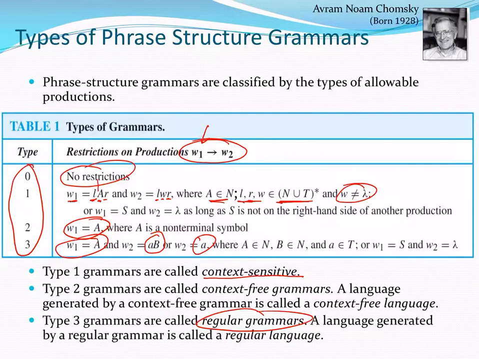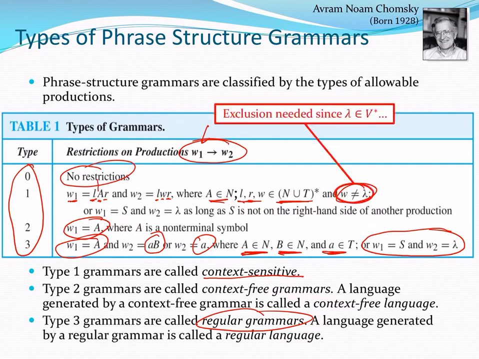And you can also have S producing lambda. All right, and then here we have A as an element of the non-terminal symbols, B is an element of the non-terminals, and a is an element of the terminals.